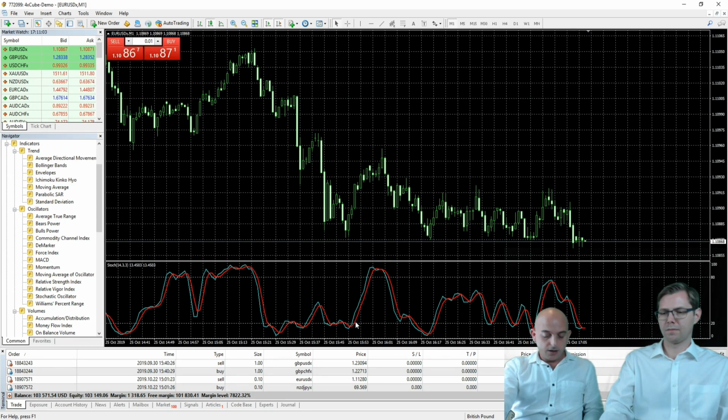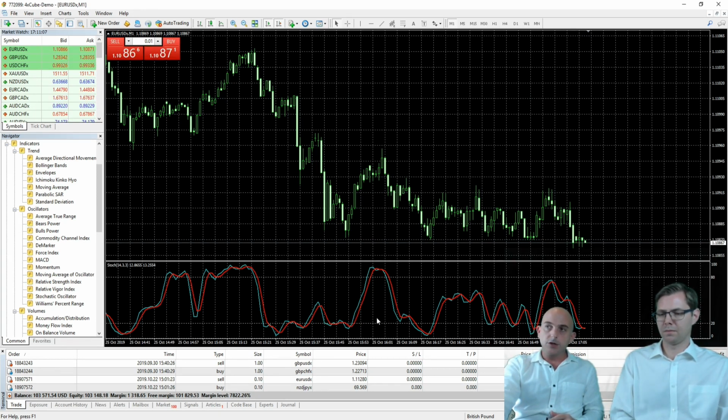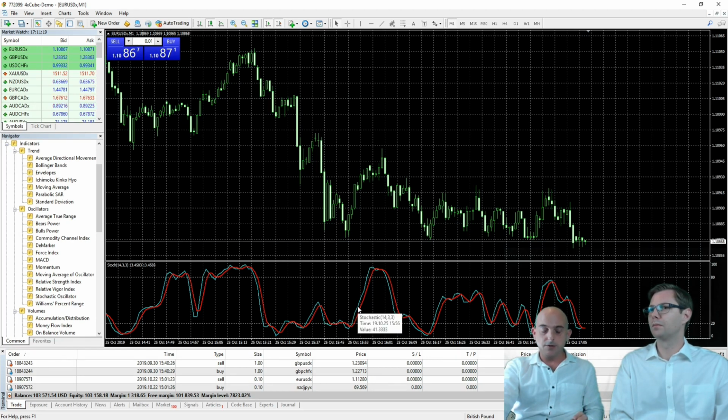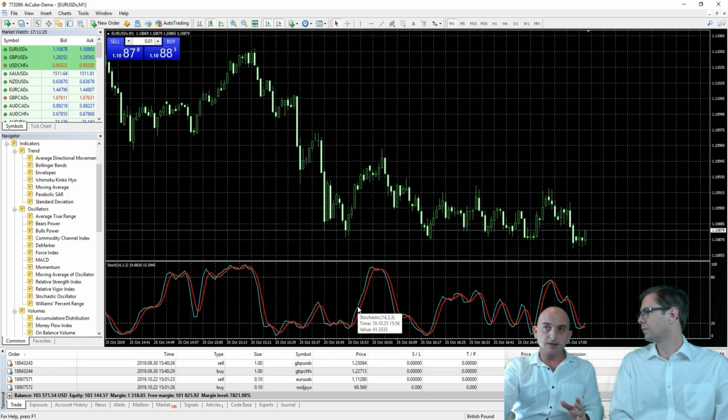Now we've got the value of the oscillator, which is our red line, and then we have the blue line, which is essentially just a 3-day moving average. The way the value of the red line is calculated is kind of complicated, so that's why I'm looking at my notes here.